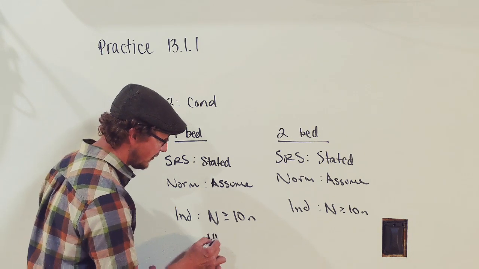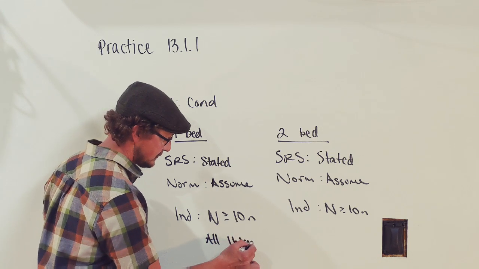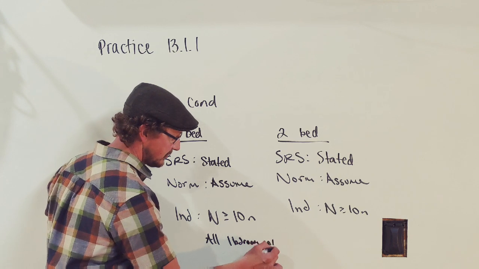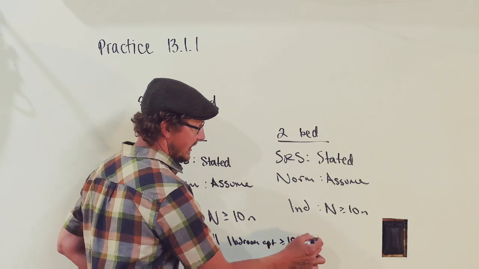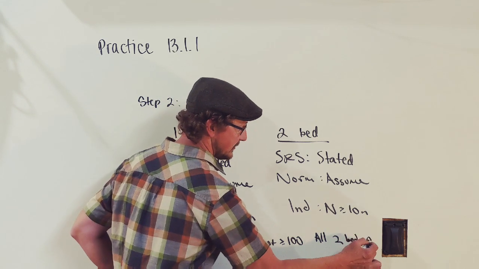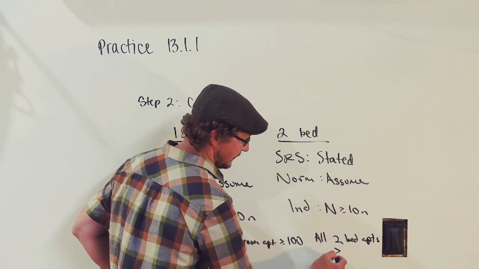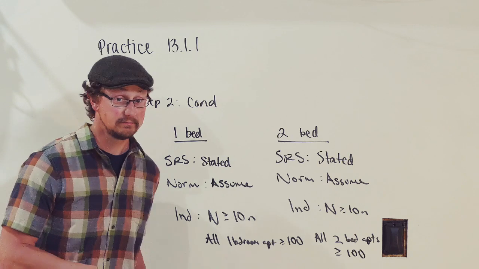So I would say all 1-bedroom apartments is indeed greater than or equal to 100, and all 2-bedroom apartments is indeed greater than or equal to 100. So we should be good to go there.